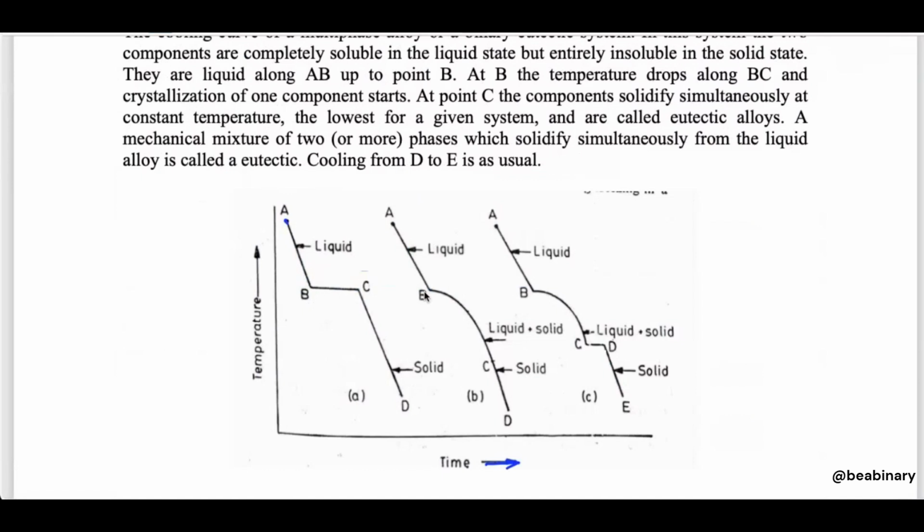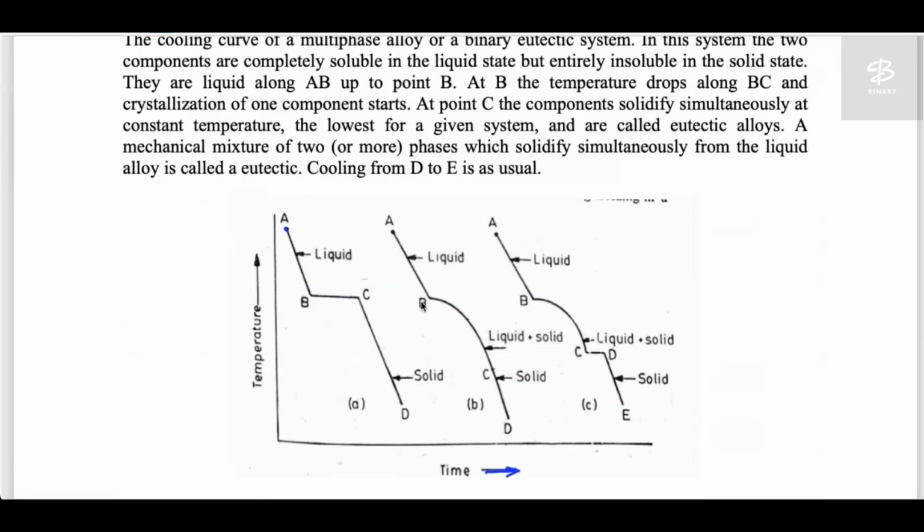So till here you are basically having the same graph. Whatever the things are, as long as you extract the heat, the temperature will lower down. But as soon as they reach the critical point of that particular binary system, they will change their phase. How?